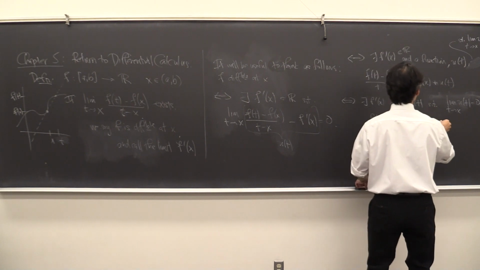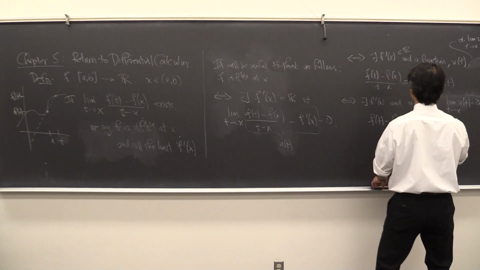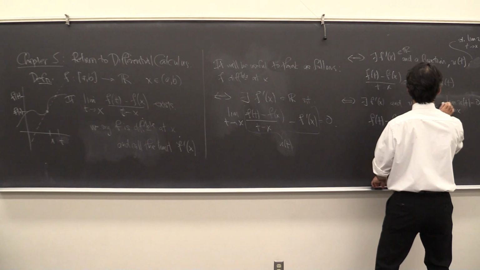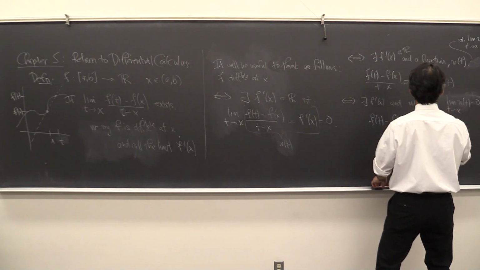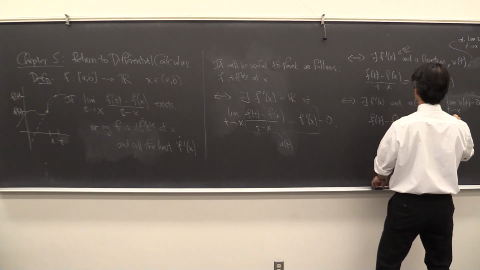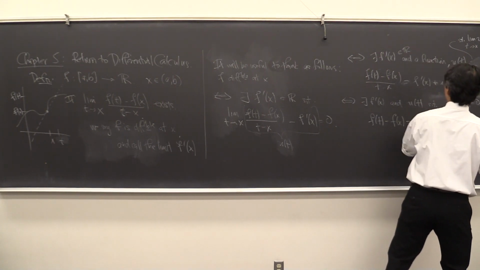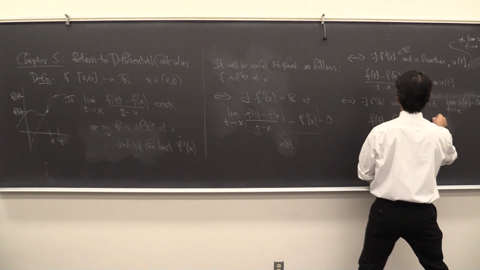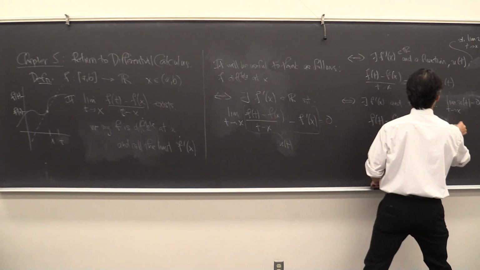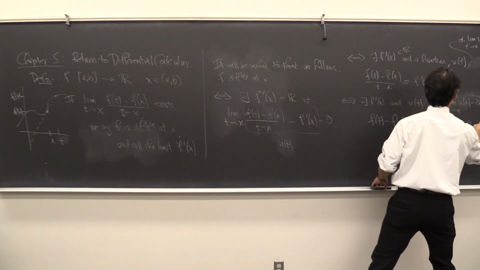This thing equals f prime of x times (t minus x) plus u of t times (t minus x).